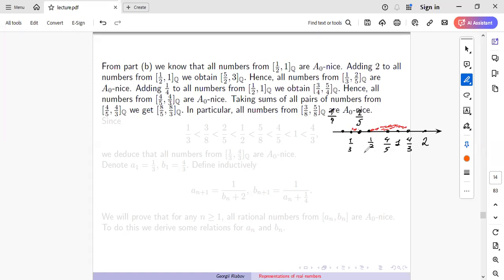Now 3 over 8 is bigger than 1 over 3 and less than 2 over 5. 5 over 8 is bigger than 1/2. So we filled this gap.